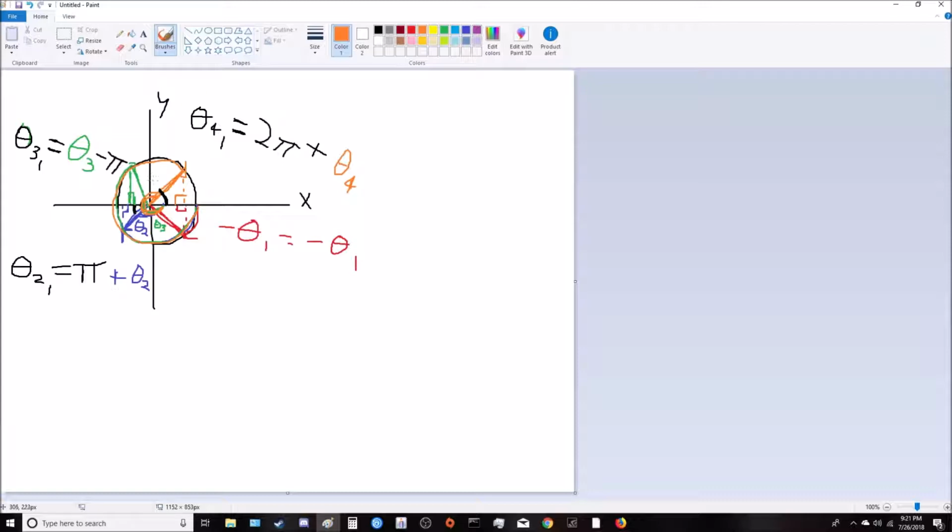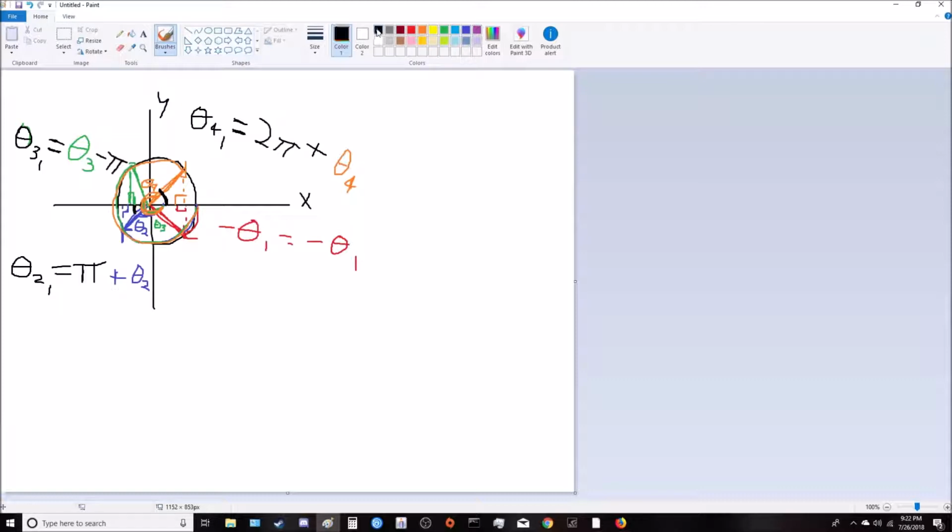And I should label this on the graph here. Theta sub 4 is this orange looking thing. And there you have it. That's how you find your equivalent angles from which you can do the trig functions for any negative input, as well as we discussed before, any input over 90 degrees. And that's what makes this unit circle so powerful.